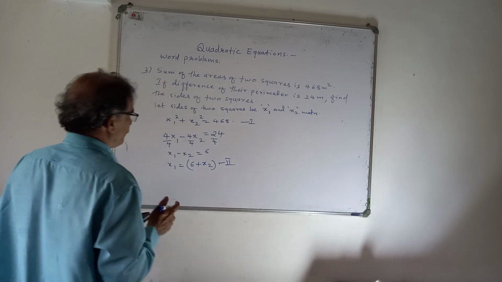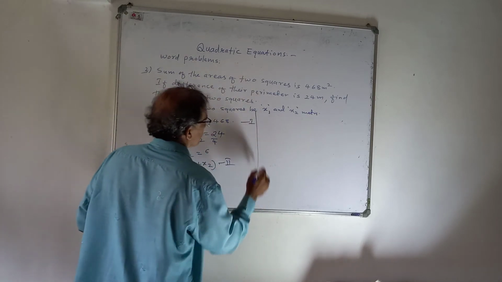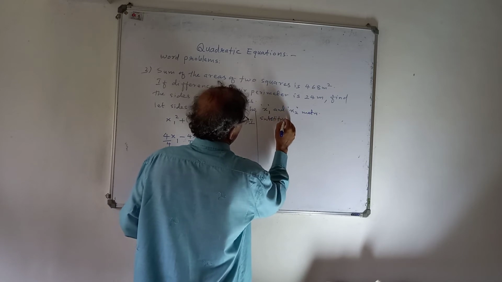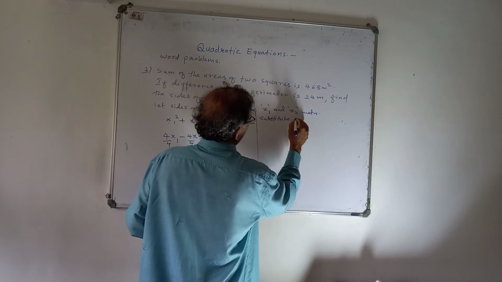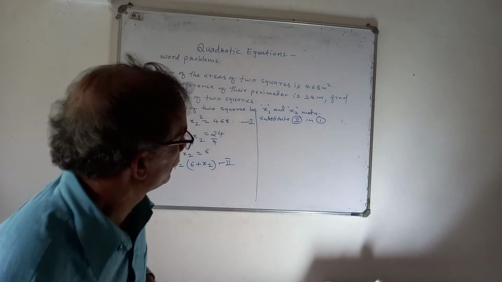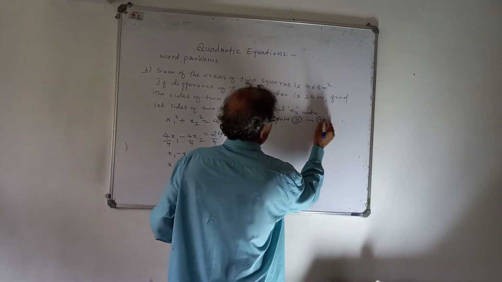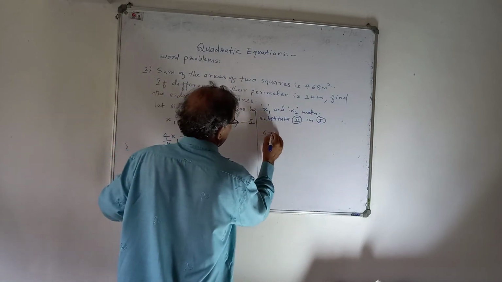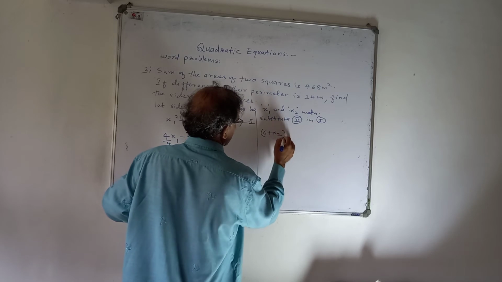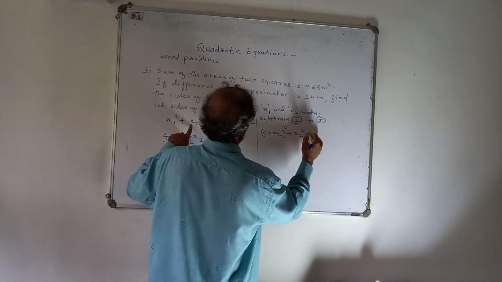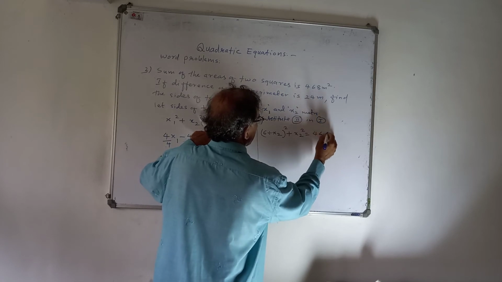Now see here, substitute 2 in 1. What we shall get now? x1 square, x1 means 6 plus x2 whole square, plus x2 square should be equal to 468.